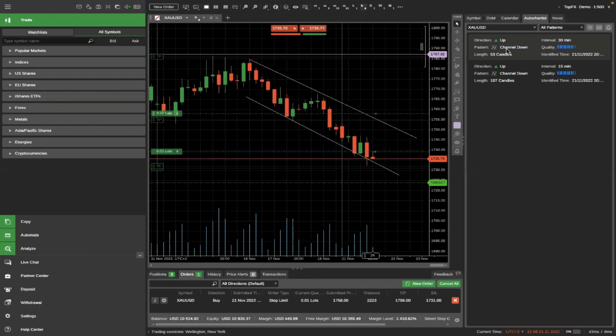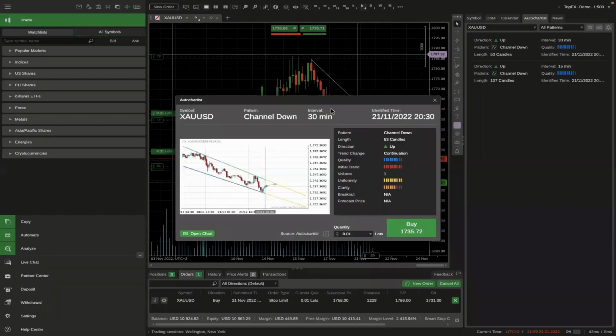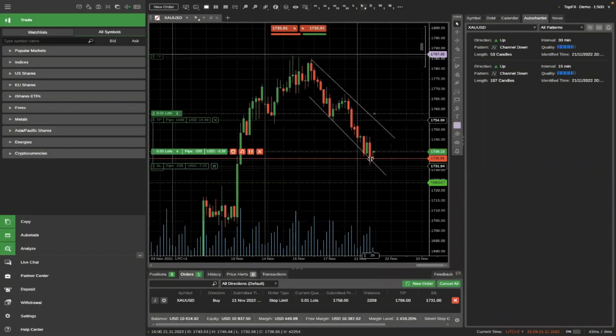So get yourself familiar with these kinds of chart patterns, because they are very, very often used by Autochartist. And if you have a little bit more knowledge about how to use them, how to incorporate them into your trading strategy, you can not only use the direct indications made by the Autochartist, you can always go a little bit further than this and trade other possibilities of this market.